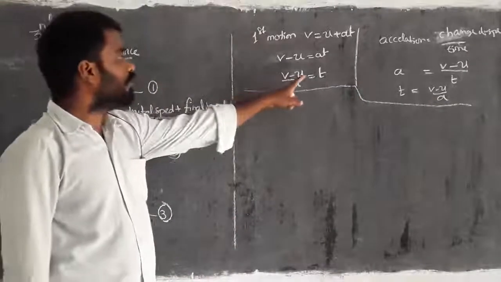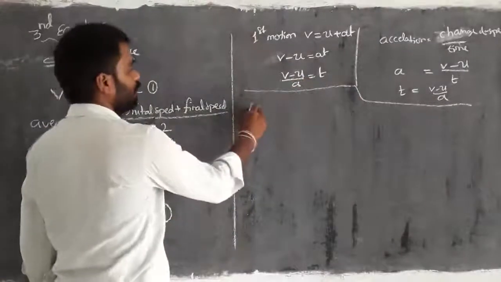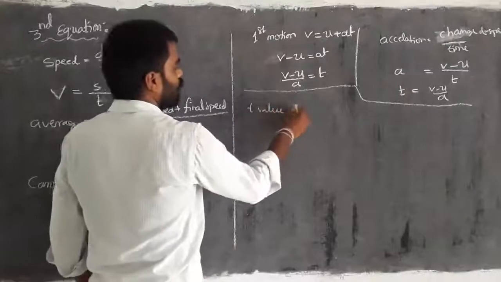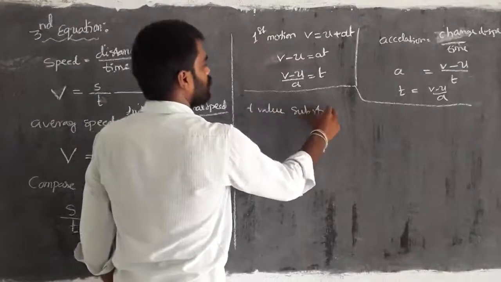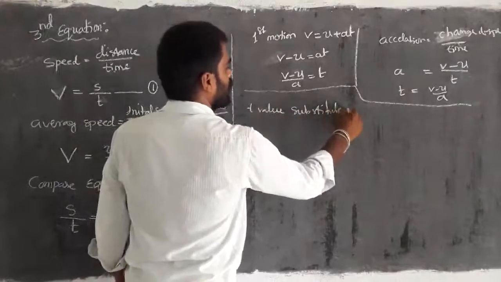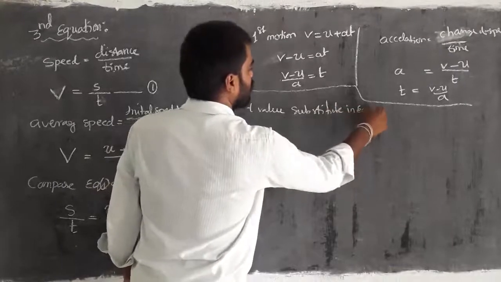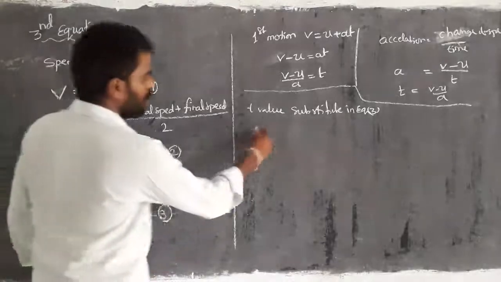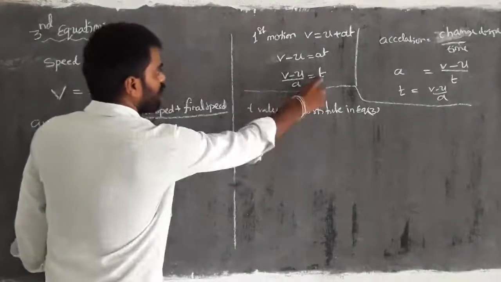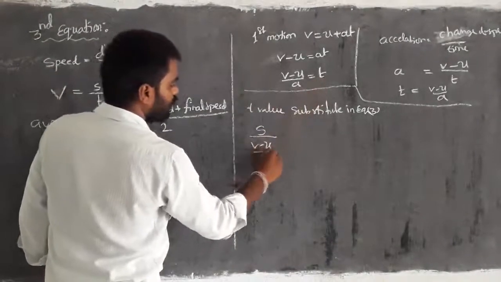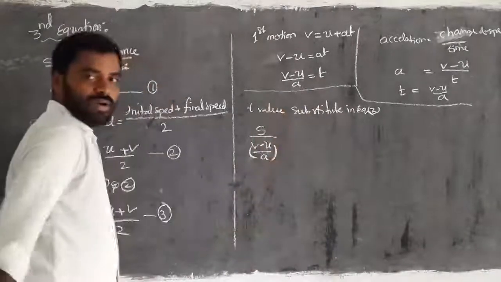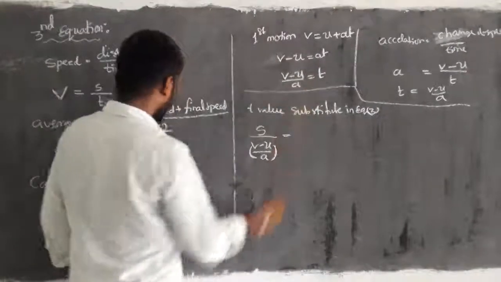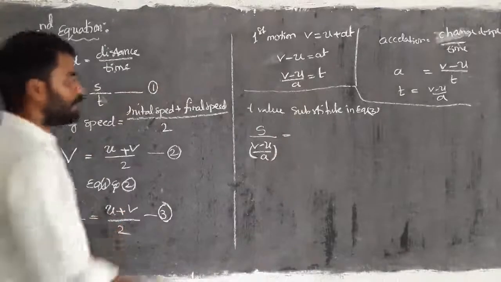So what t value did you get here? Simply substitute the t value in equation number 3. This is equation number 3, right? Then we can write s by t, where t is v minus u by a, that is equal to u plus v by 2.